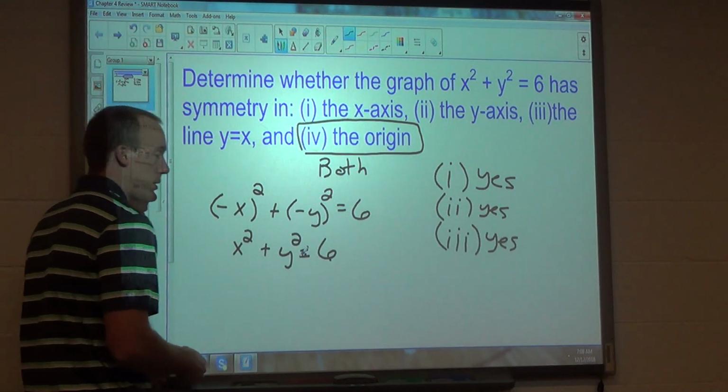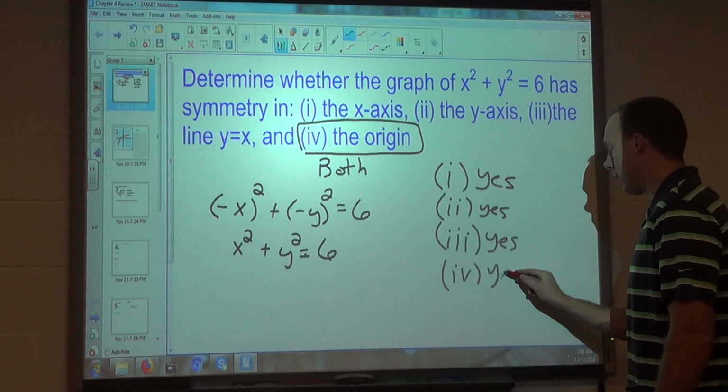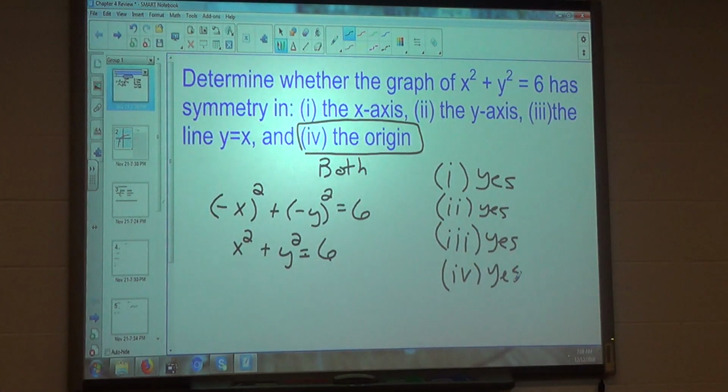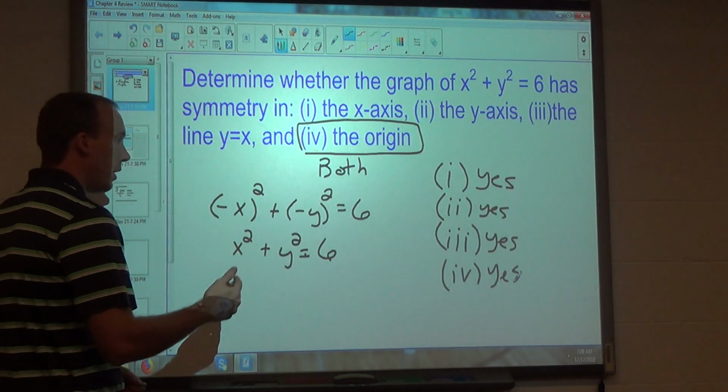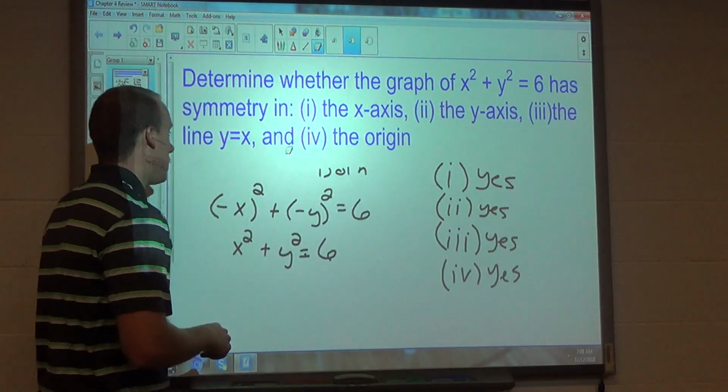And then did it match up to my original? And this did too. So on this one, all 4 of those were symmetric. On the test, that won't happen. Some will be, some won't be. But again, just do those tests and that'll get you the answer.